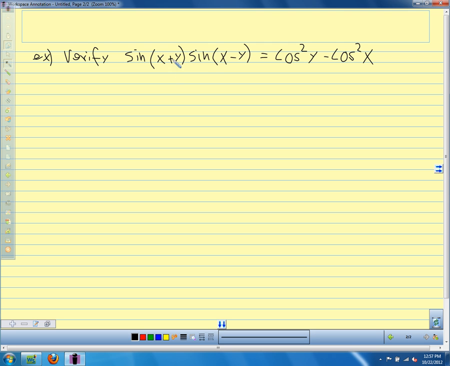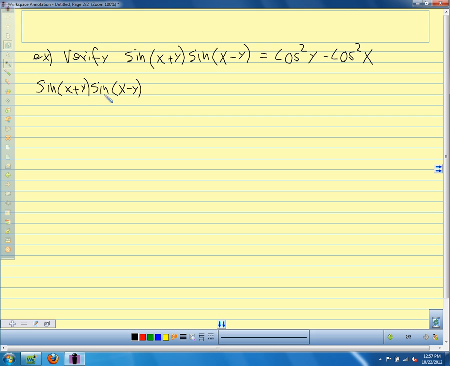I'm going to use my sum formula for the sine of an angle, and the difference formula for the sine of an angle. So I'm just going to rewrite each of these two, using the sum formula and using the difference formula. So the sine of x plus y times the sine of x minus y.